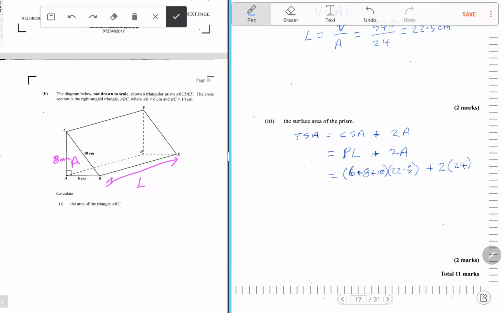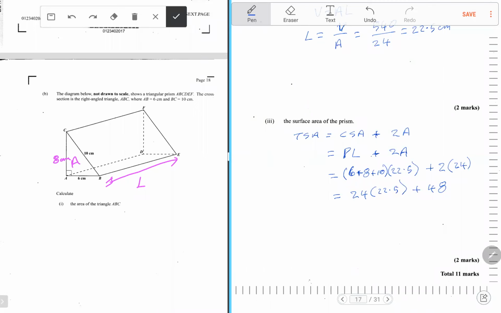All right, and you just work out all of that now. The 6 plus 8 plus 10 becomes 24. So you get 24 times 22.5 plus 2 times 24, which is 48.